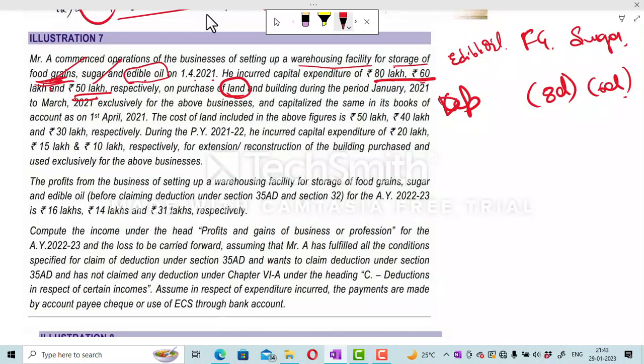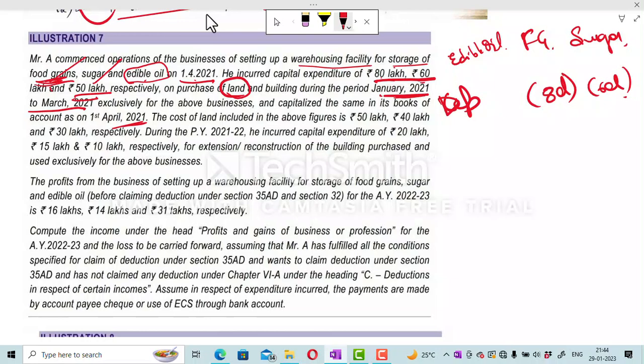So we should reduce the value of land from that. During January 21 to March 21, exclusively for above businesses. So when they invested, they started on 1/4/21, but they purchased before commencement of the business, and capitalized the same in the books of accounts on 1/4/21.